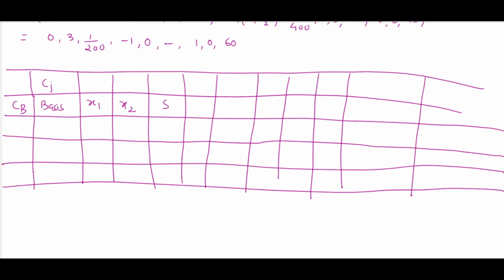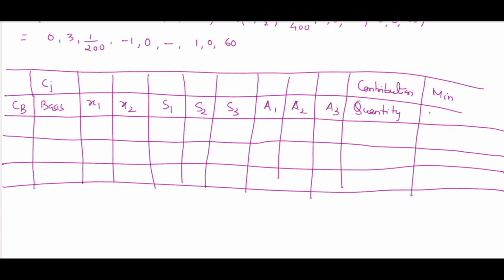So here it was your s1, s2, s3, a1, a2, a3, then it is your contribution quantity, minimum ratio.